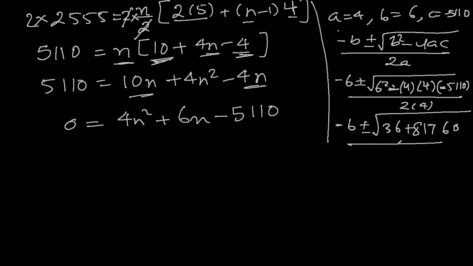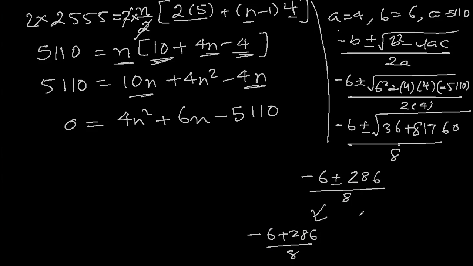Okay, over 8. So now minus 6 plus minus the square root of 81,796, that is 286, over 8. So what are the two answers? Minus 6 plus 286 over 8, minus 6 minus 286 over 8.